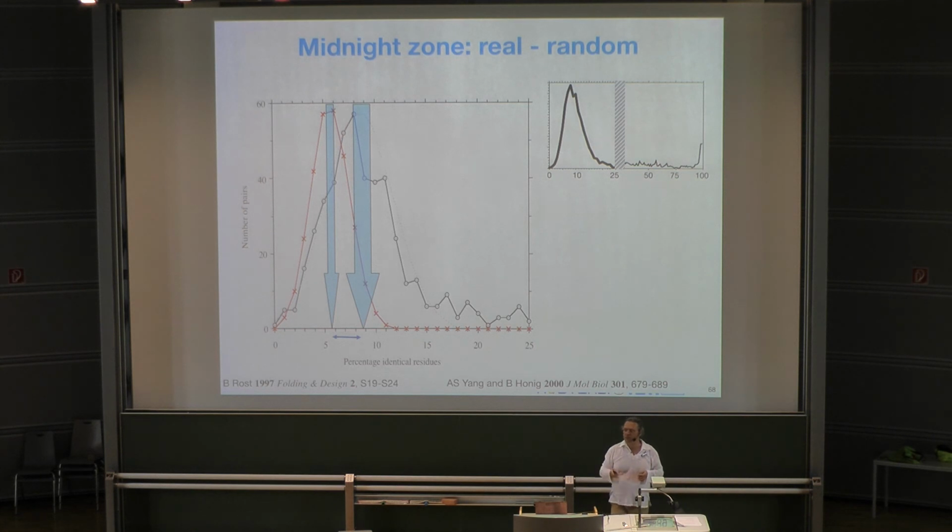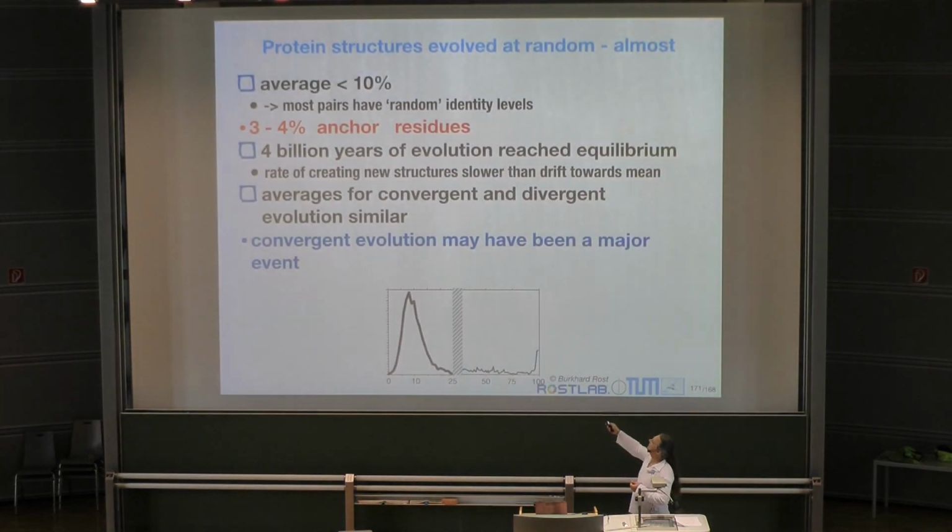That is remarkable. What it implies most likely is that 3 or 4 billion years of evolution were enough to essentially try all the shapes we can, or in fact try all the possibilities of getting at those shapes that we have realized. And it may imply that convergent evolution to the same structure and divergent evolution from the same structure are events that we can hardly distinguish because we are so close to random.